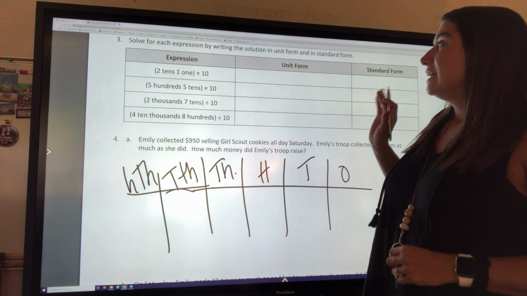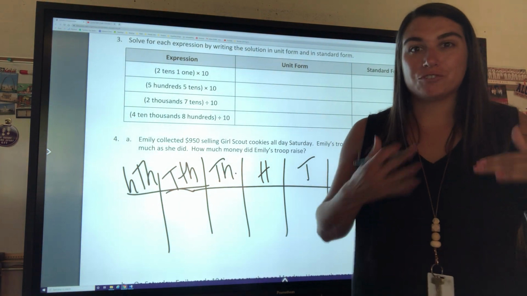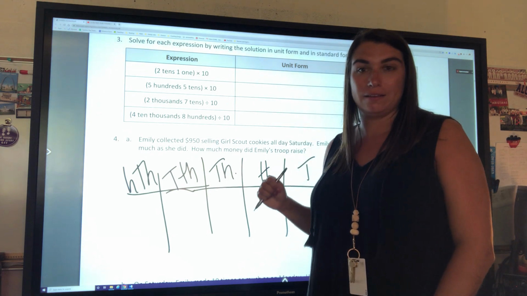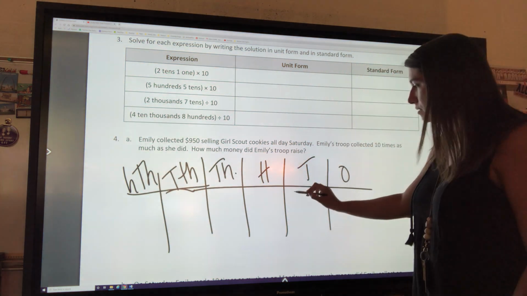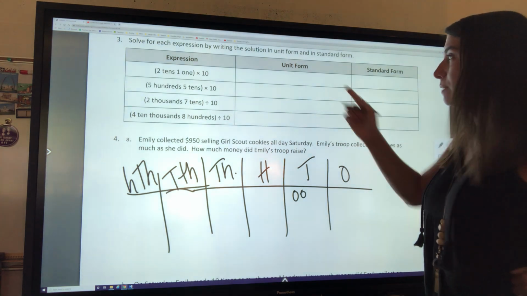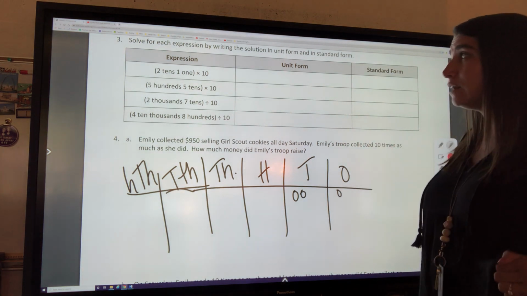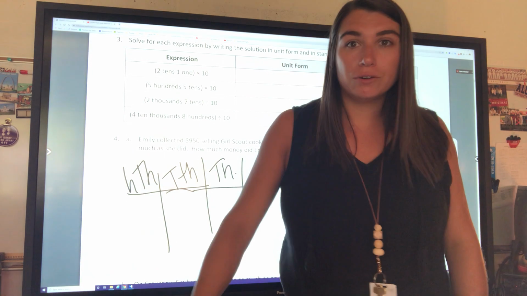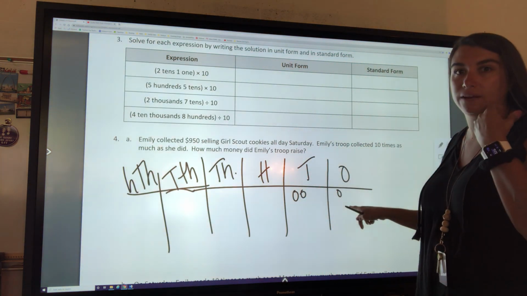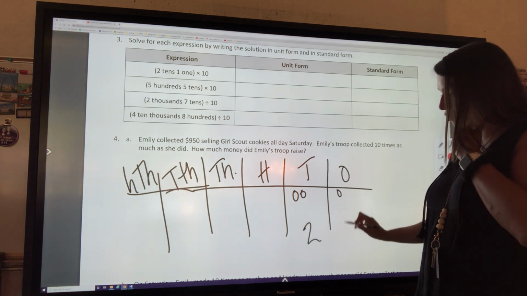So the next thing we're gonna do is we have 2 10s and 1 1 times 10. Okay, so I'm gonna go ahead and write my 2 10s, 1, 2. I'm gonna do that in your tens place, and then my 1 1. And now we're multiplying each of those by 10. So essentially right now I have 21, right? If I wrote these out, I have 21.